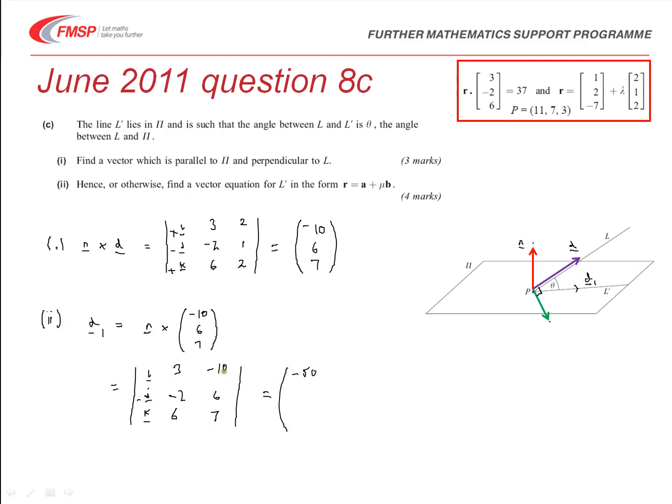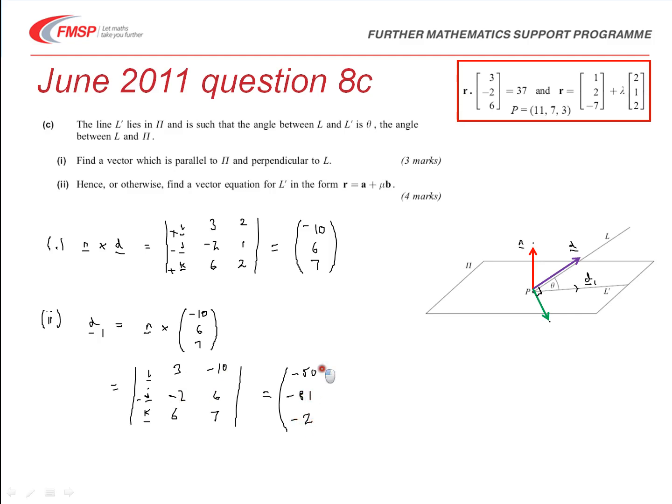Take away negative 10 times 6. So that's negative 60 taken away, so let's add it, so that's plus 60, which makes 81, but again it's a negative. And likewise for k, it's 3 times 6 is 18, take away 20, so that's negative 2.